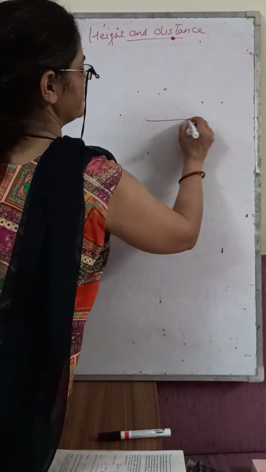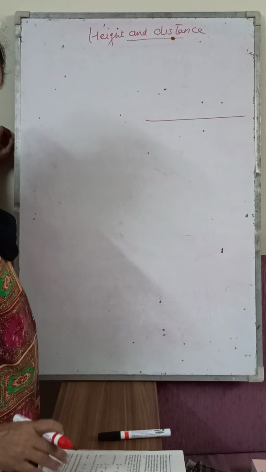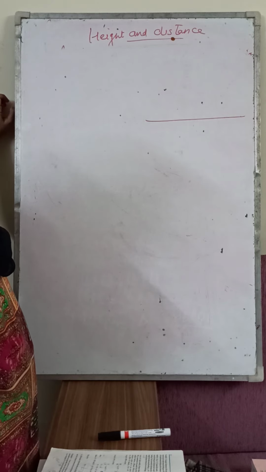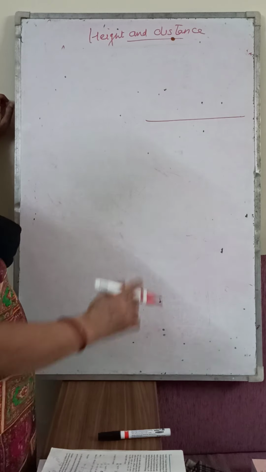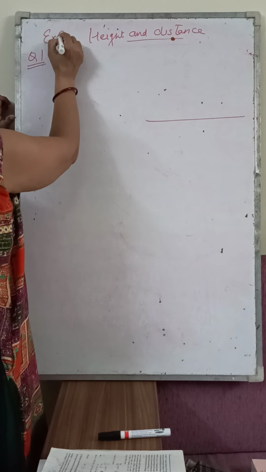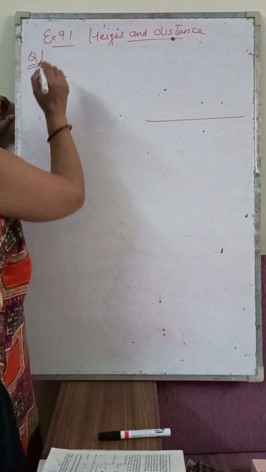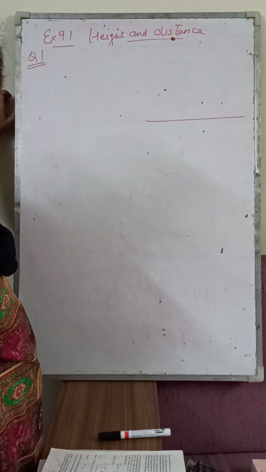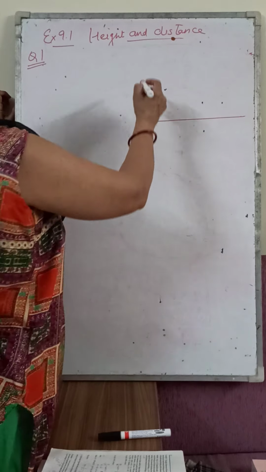Suppose this is the ground, right? A circus artist is climbing a 20-meter long rope, this is exercise 9.1, okay? Which is tightly stretched and tied from the top of a vertical pole.